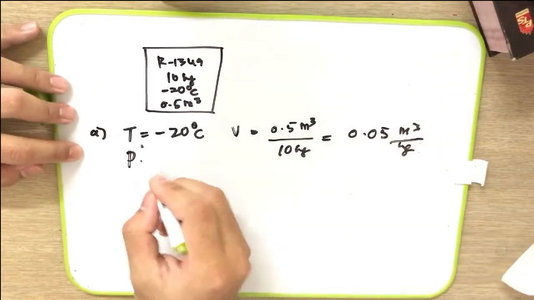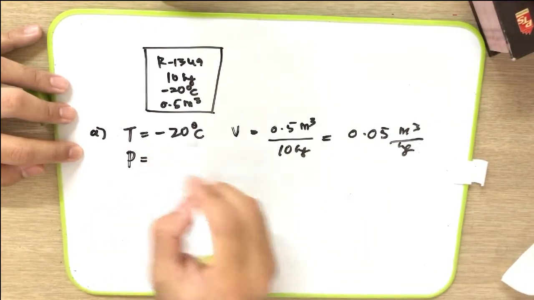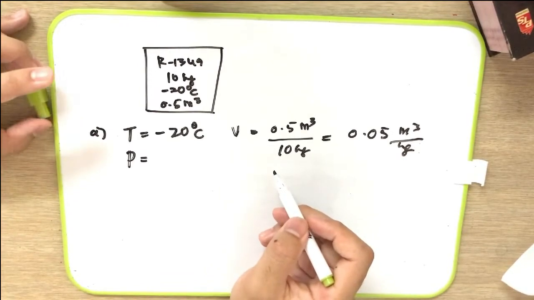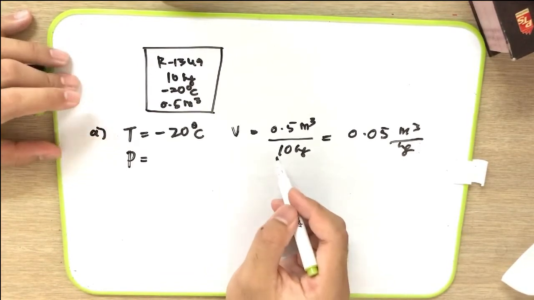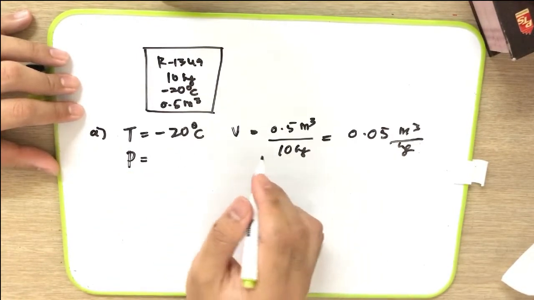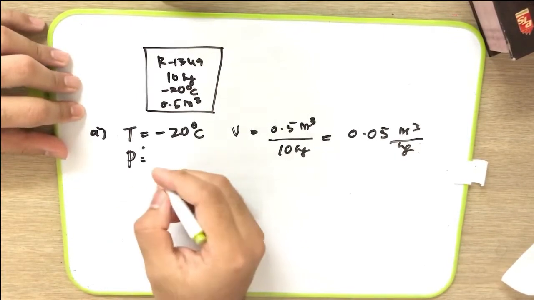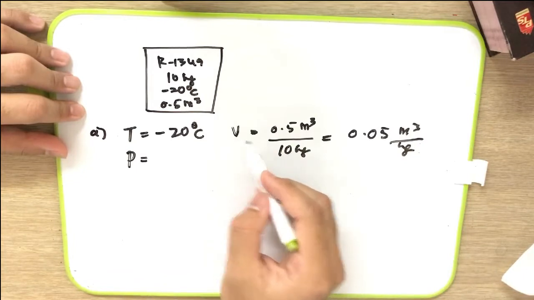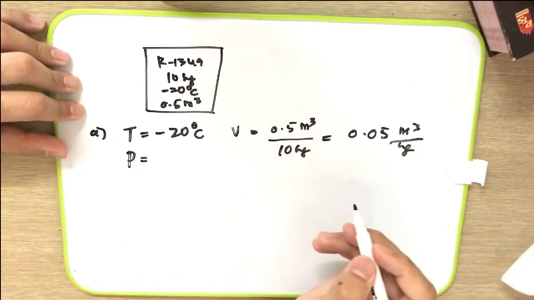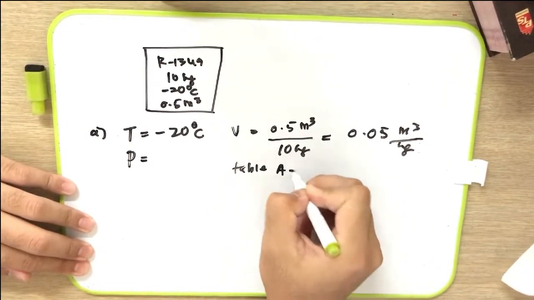So now we have two info already, T and also v. Because we have two info, now we can use the table. So first we need to identify what is the phase for this refrigerant. I always remind you, whatever it is, find first the phase. So now we have T negative 20 and v is 0.05. First we start with saturated table. So we look at table A11.